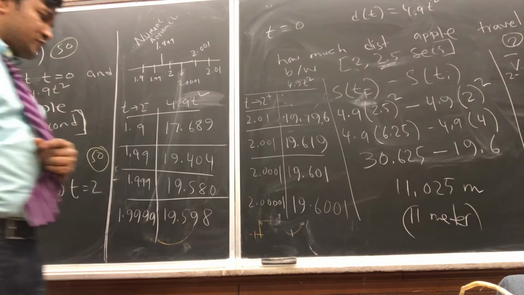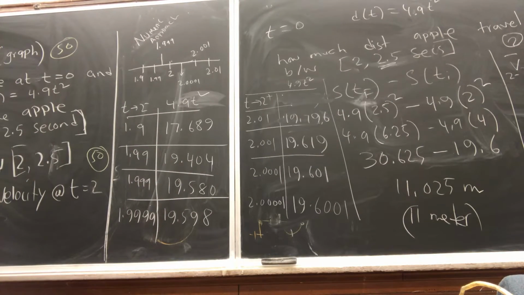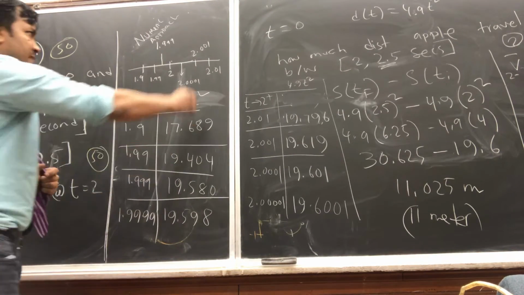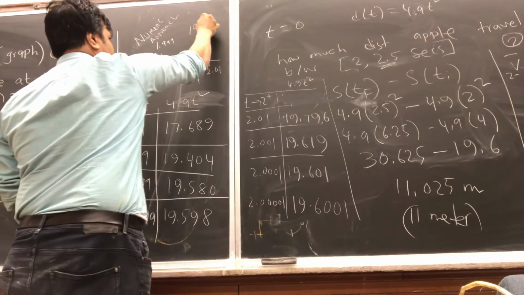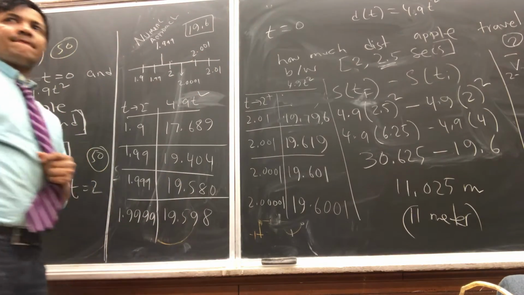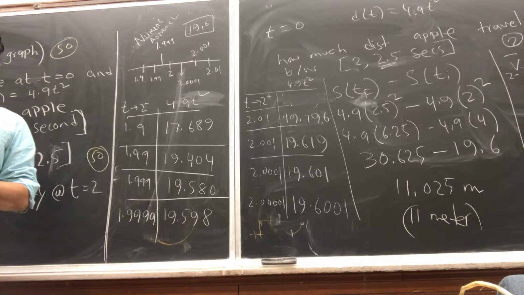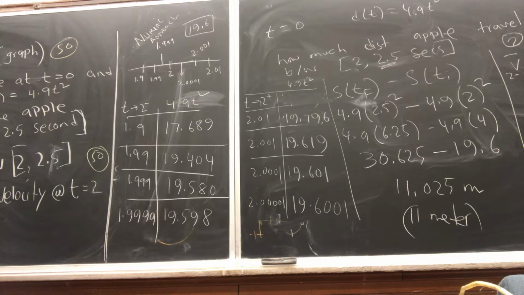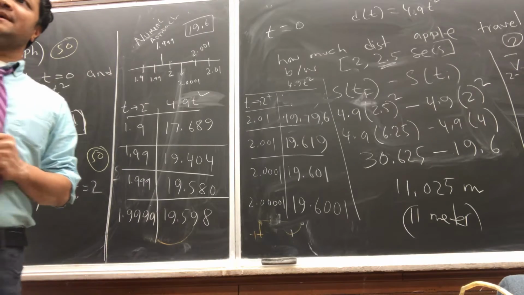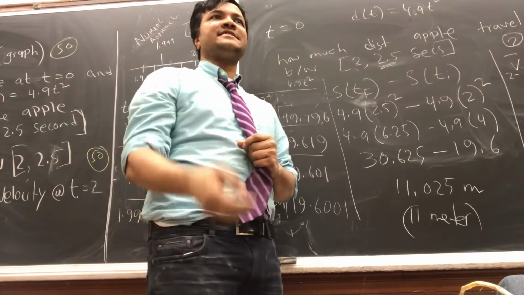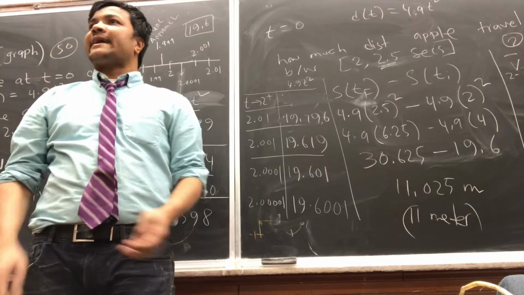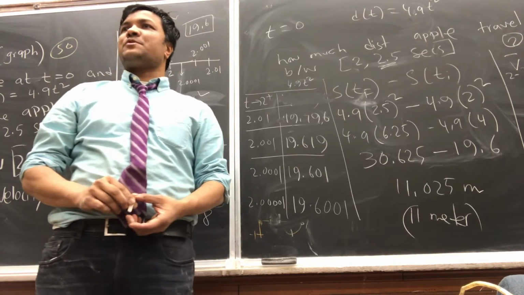So what do you conclude? The limit is 19.6. What does the limit 19.6 mean? The instantaneous velocity of the apple when time is 2 seconds is 19.6 meters per second.